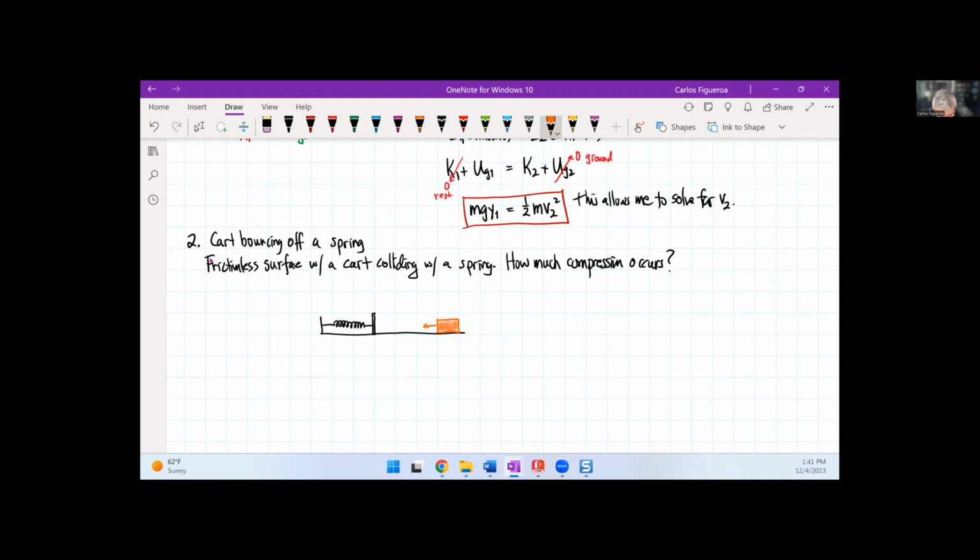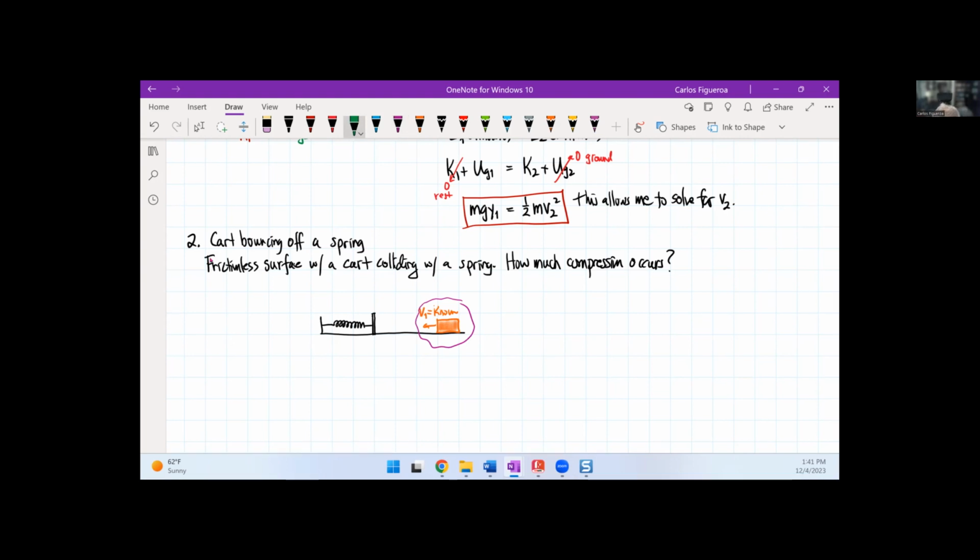So this cart is coming in. If I know the initial speed, let's say that this guy comes in with some speed v1. So this is a known quantity here. Now I ask about my system. Are there any forces acting on this thing?